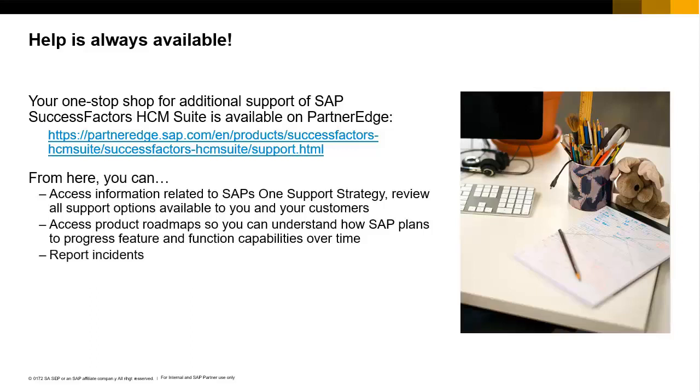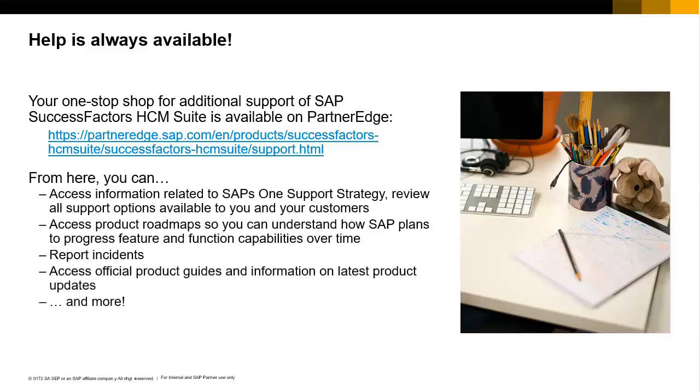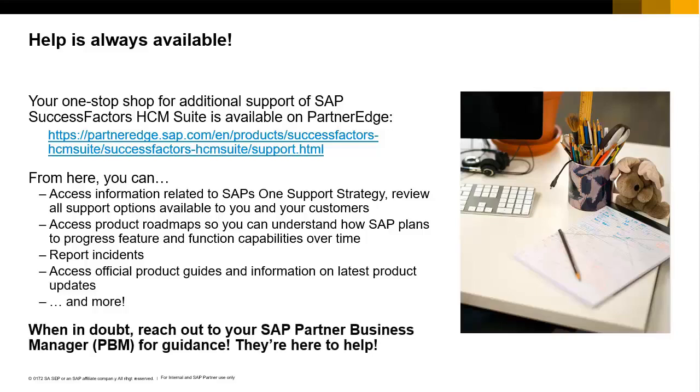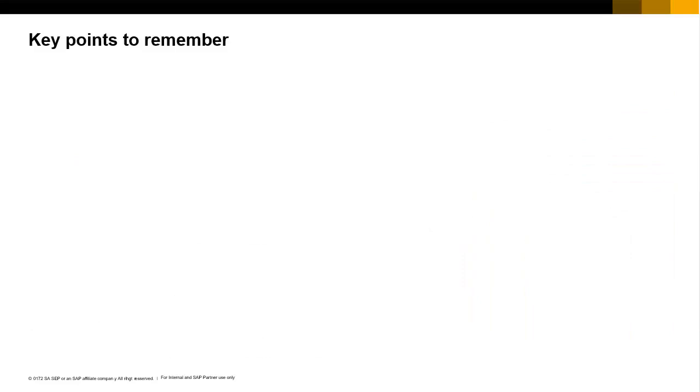You can report customer incidents. You can also access official product guides and information on latest product updates and much, much more. When in doubt, please reach out to your SAP Partner Business Manager for guidance. They are also here to help. And if for some reason you don't know who your Partner Business Manager is, please contact your Partner Edge Partner Services Advisor for guidance.